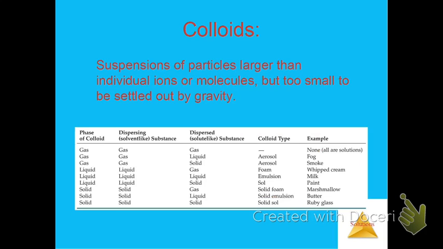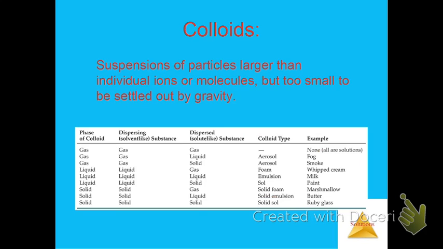In fact, they're quite a bit larger, but they're too small to fall out by gravity. If you add sand or some chemical that's not soluble in water, it'll fall to the bottom, or you'll see the bits of particles in the solvent. But colloids are definitely much larger than individual ions or molecules like sugar molecules, sodium or chloride, but they're too small to be settled by gravity.